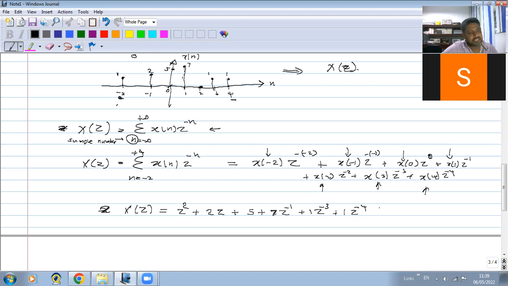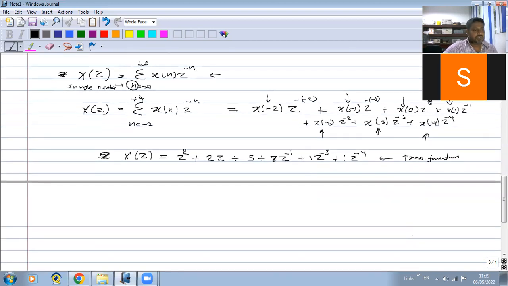Okay, so this is our z transformation. What you can observe here is that this is a power series.